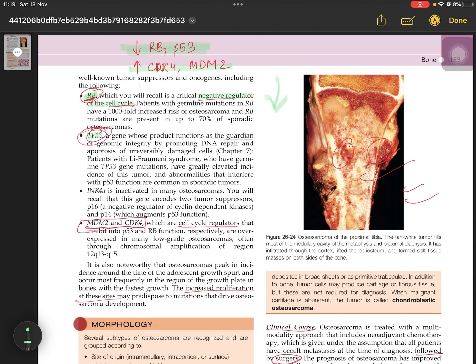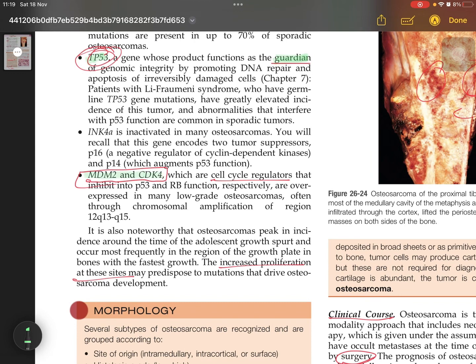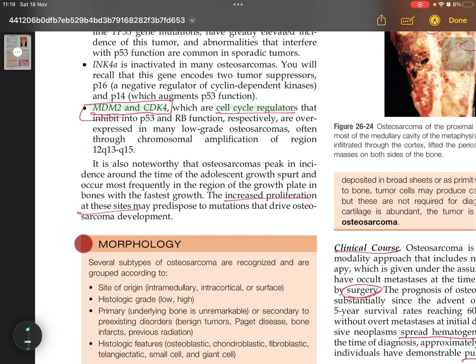And TP53, also known as the guardian, checks DNA repair and everything. So the activity of these genes is decreasing, and the tumor genes are increasing. MDM2 and CDK4 are cell cycle regulators, due to which there is increased proliferation at these sites.